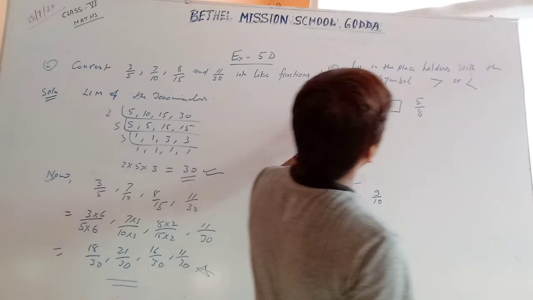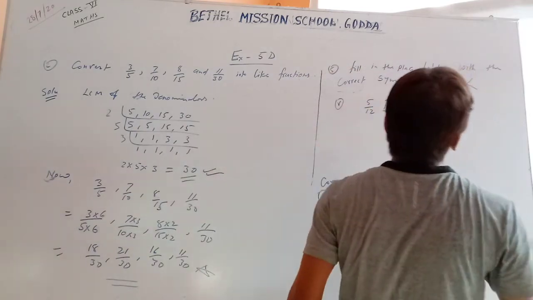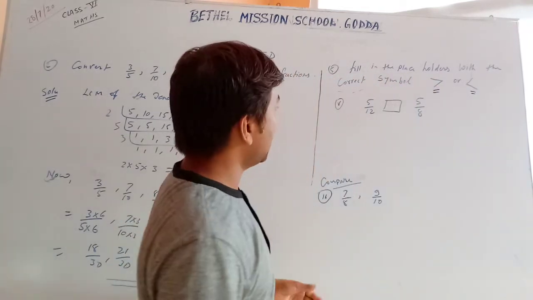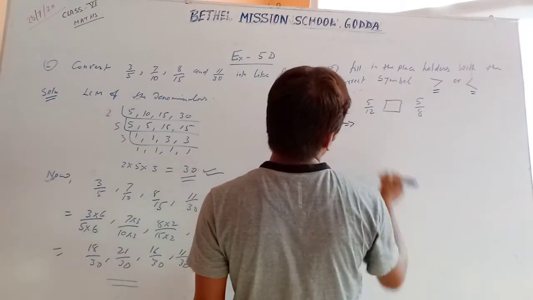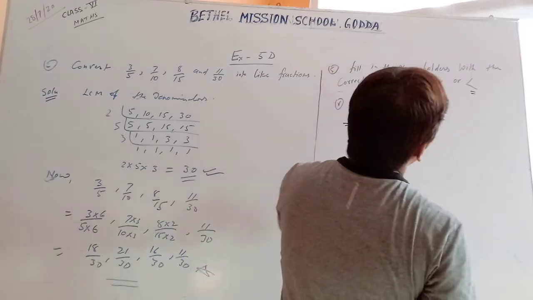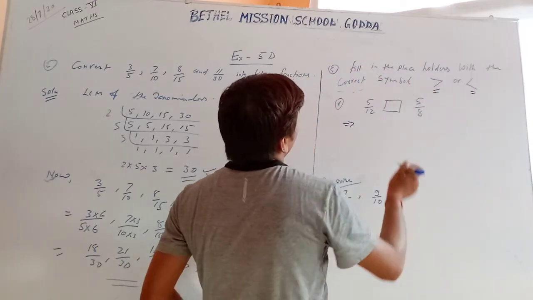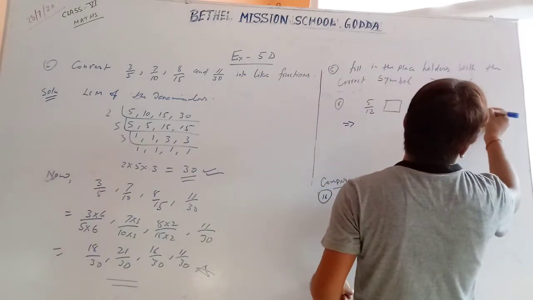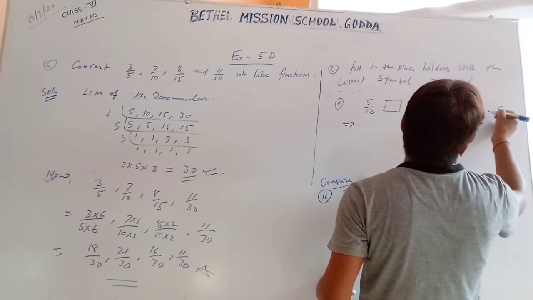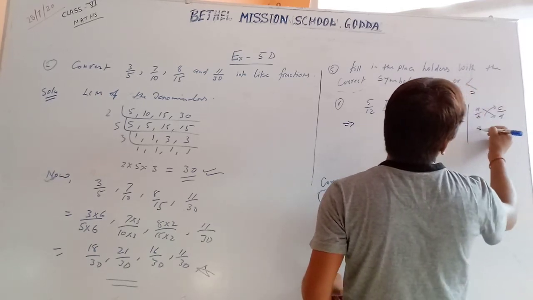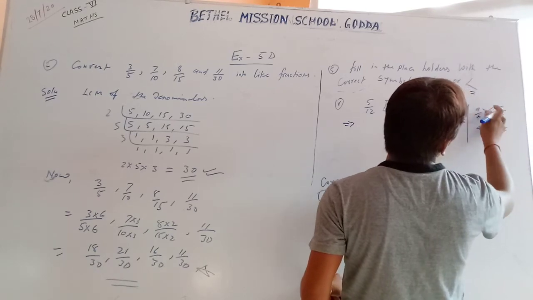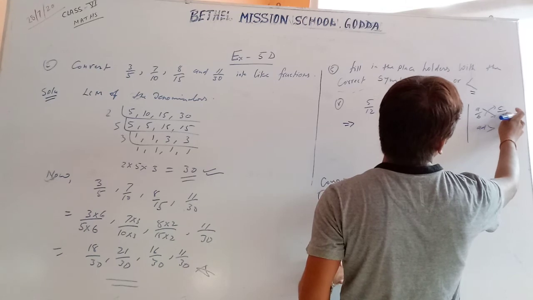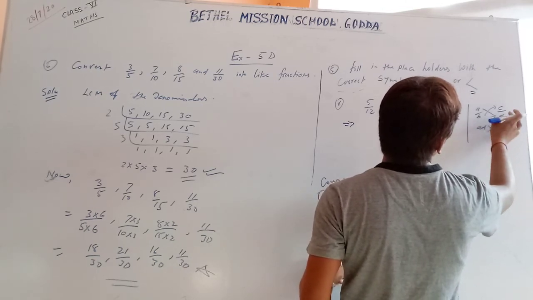Now fill in the placeholders with the symbol greater than or less than. I have just solved one example. To compare, first you multiply crosswise: A upon B, C upon D. If AD is greater than BC, then the first is greater; if AD is less than BC, then the first is less.